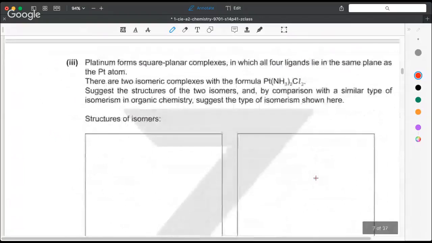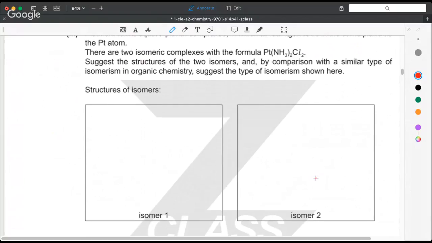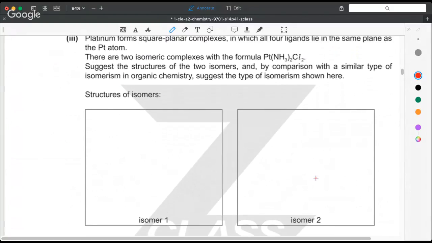Now, platinum is a bit unusual in that it doesn't form the tetrahedral complexes. It forms square planar complexes. It tells you that in the question. And you've got to show the 2 isomers here. So you've got to have platinum as your central metal ion for both of these. And for square planar, you've got 2 behind the paper.